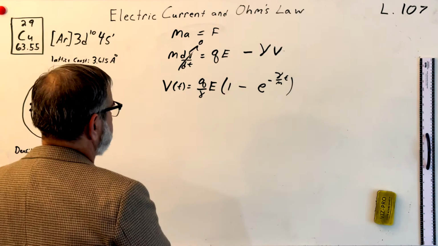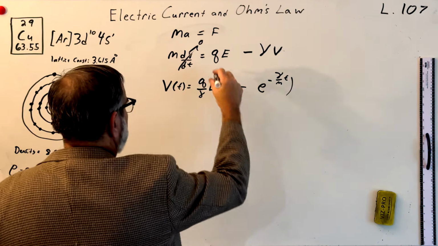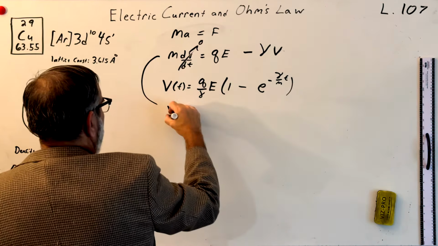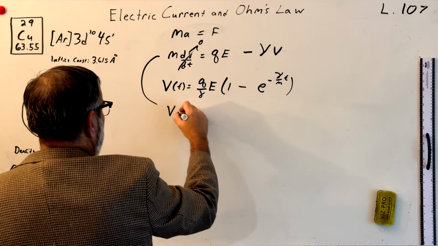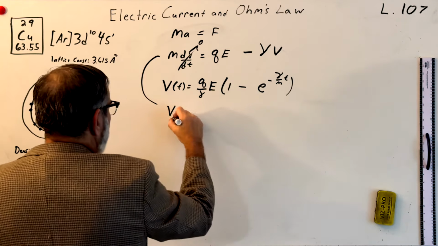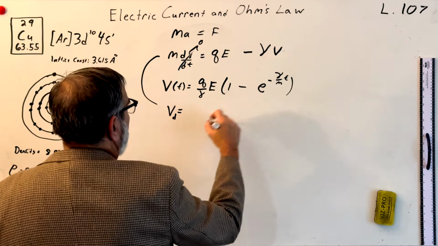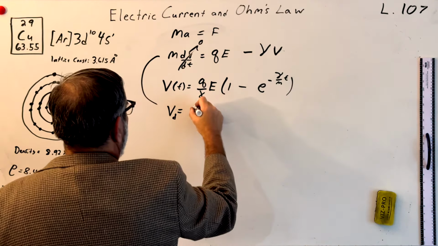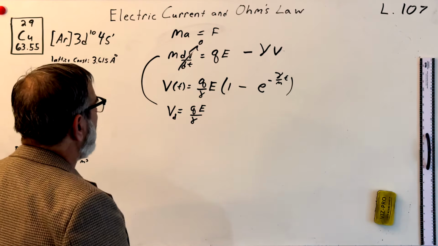If I do that, then I solve for velocity, which we're going to call the drift velocity, v sub d, equal to qE over gamma.